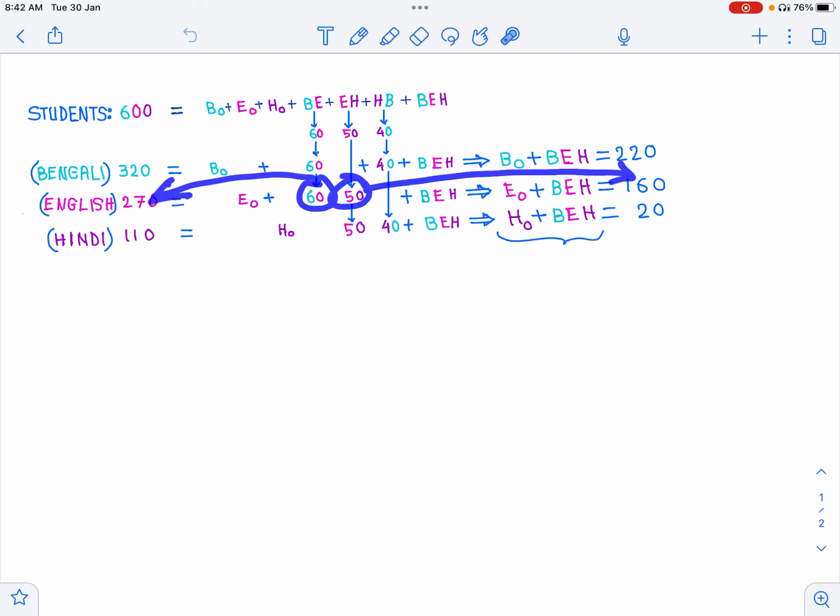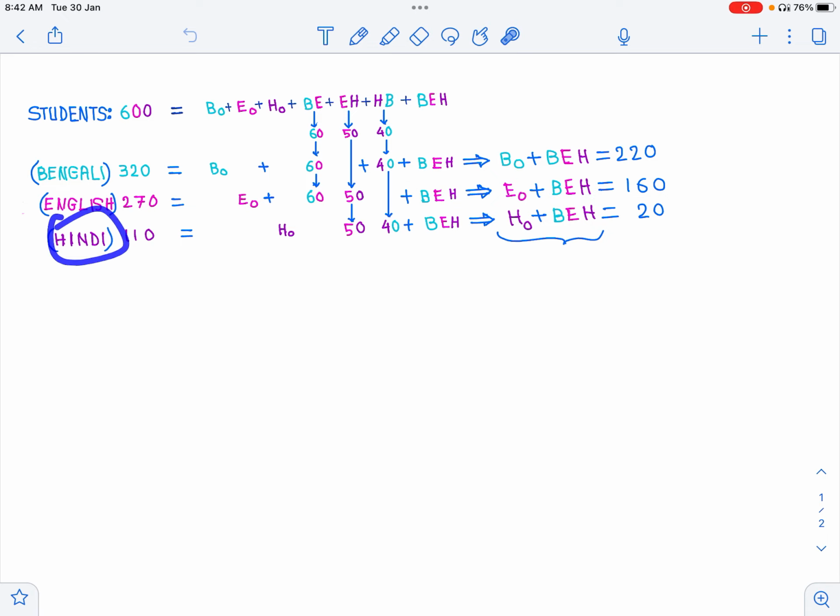Then we get 270 minus 110, that is 160, and these 160 include those students who learn only English and the students who learn Bengali, English and Hindi.